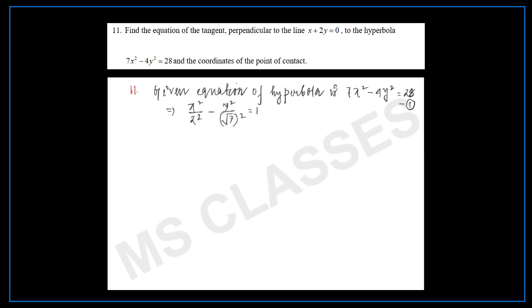Now we can draw this hyperbola. X prime, origin, y prime. This is one part and this other.